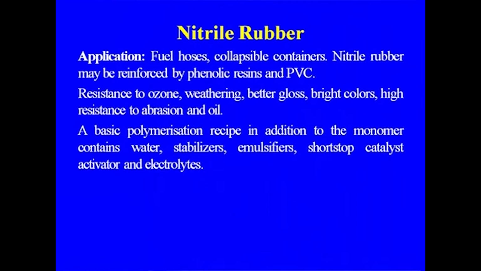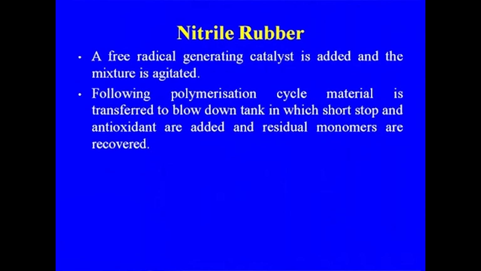A basic polymerization recipe, in addition to the monomer, contains water, stabilizer, emulsifier, salt, stop catalyst, activator and electrolytes. A free radical generating catalyst is added and the mixture is agitated.